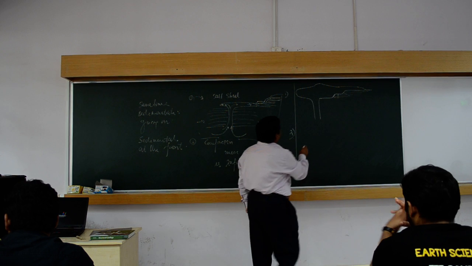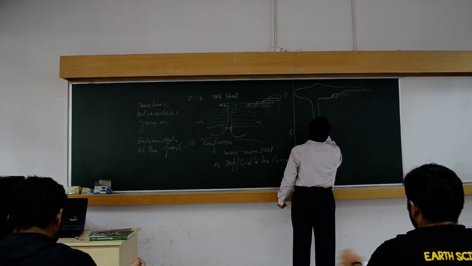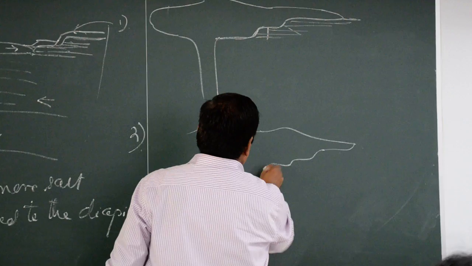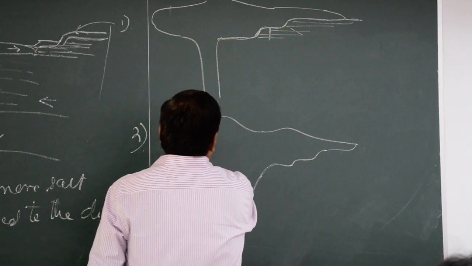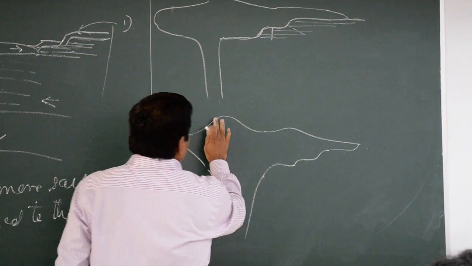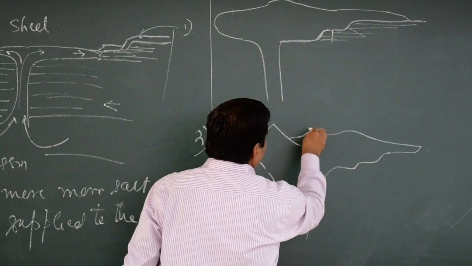What you get, you see, you draw the same thing like this. This side is your ramp, flat like this. What happens sometimes, it collapses. Collapse like this happens.